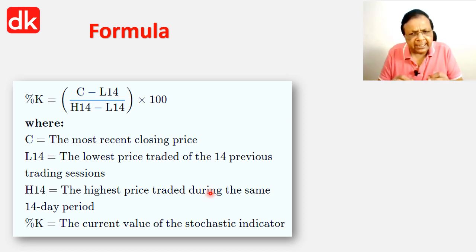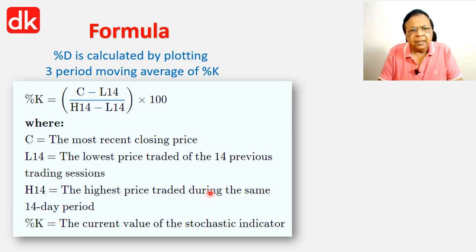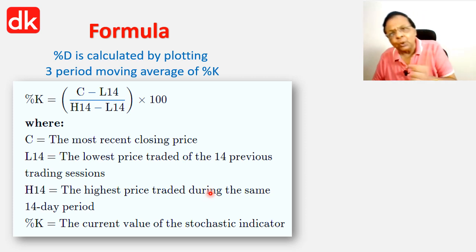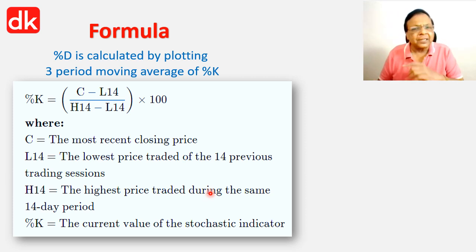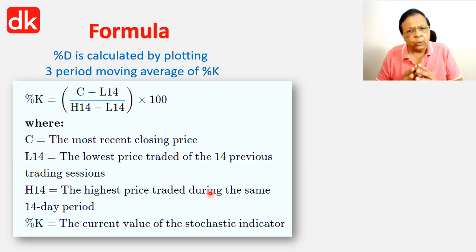And once percentage K is arrived at by using this particular formula, percentage D is nothing but the plotting of the 3 period moving average of percentage K. Got it? And that is how one is the slow stochastic, another is the fast stochastic, because we have to have a time period difference to see the crossover happening in that particular indicator. So this is how it is calculating.